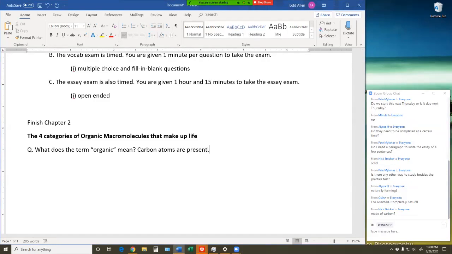The molecules of life that we currently know about in our scientific universe, in the realm of understanding that humanity has, all life is based on the element carbon. We put into your notes for chapter 1 that all living things are made of proteins, lipids, nucleic acids, and carbohydrates. Every one of those 4 categories I just listed is an organic macromolecule.